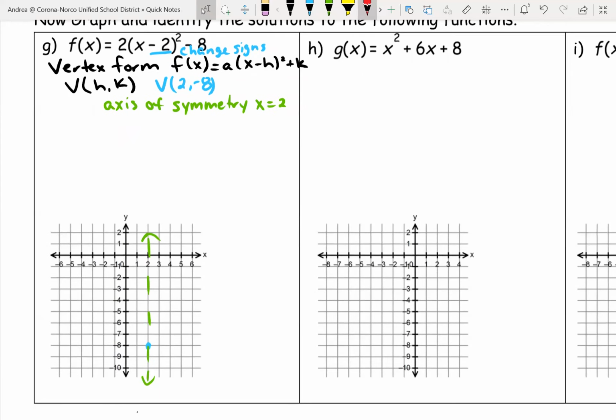Okay, then we need the a value. The a value is the number in front of the parentheses squared. So in this case, it's 2. Does anyone remember our patterned rate of change? Yeah. 1, 3, 5. So that's what we're going to use here with the a value.